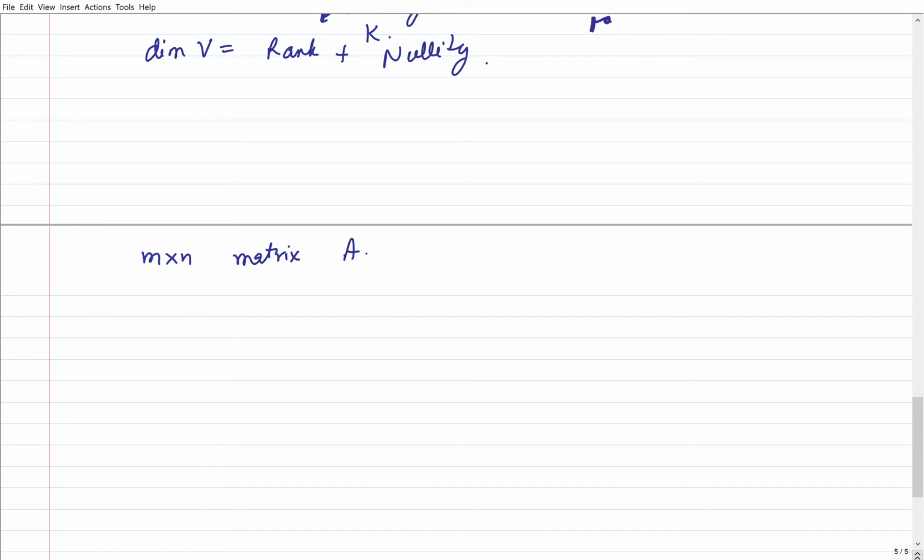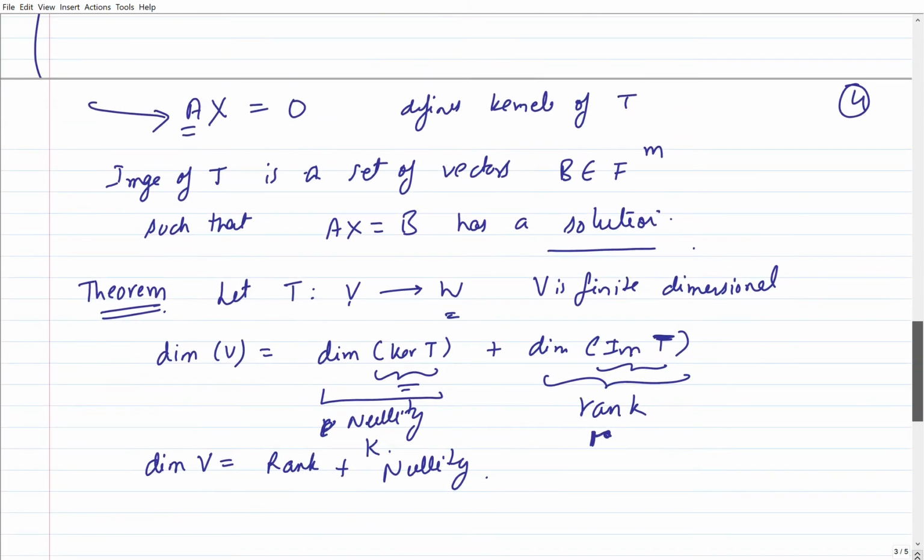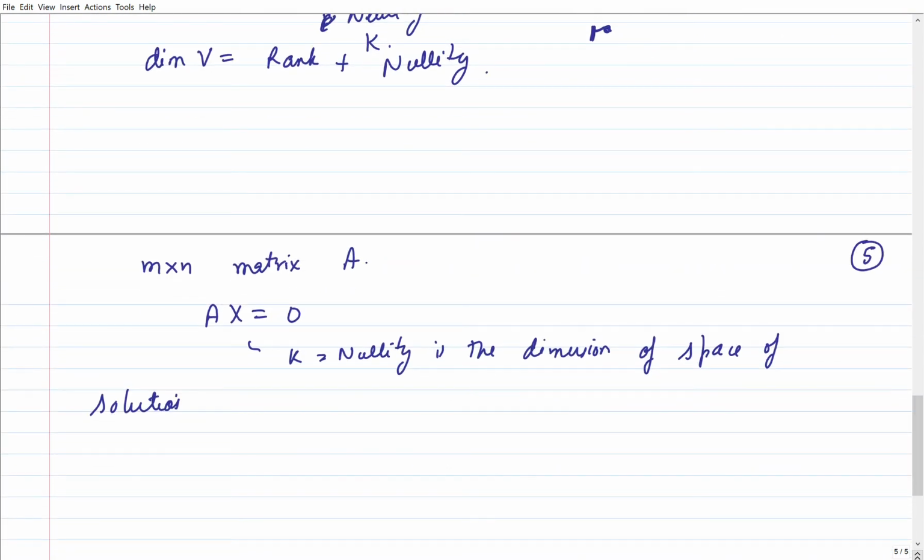What is k actually? k, or nullity, is the dimension of the space of solutions of the equation Ax equals 0.